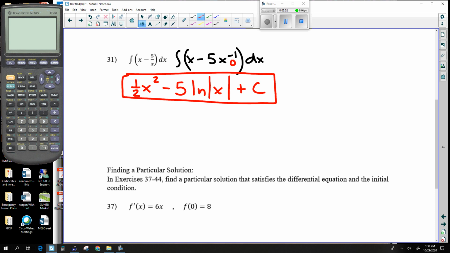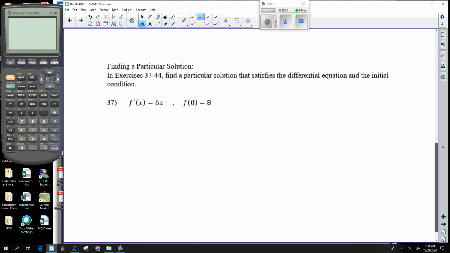Because again, the derivative of ln of x is 1 over x, which is the same thing as saying x to the negative 1. Okay, yeah, I think this assignment has a lot to do with ln.